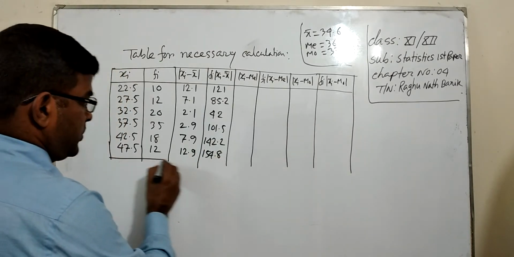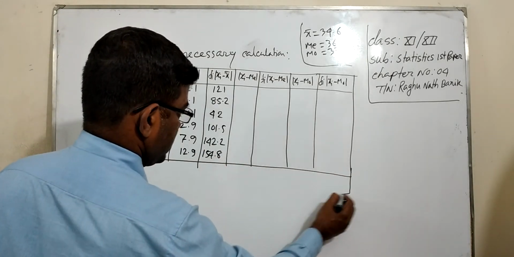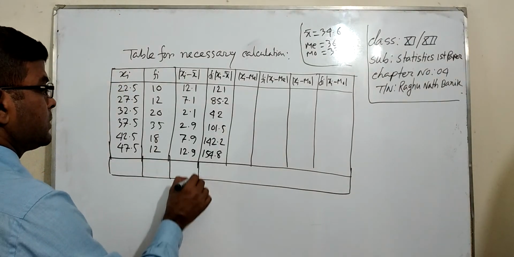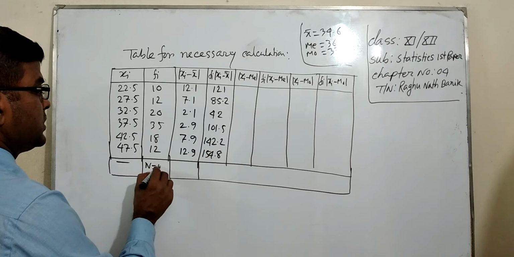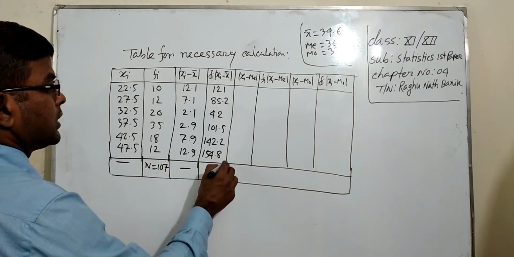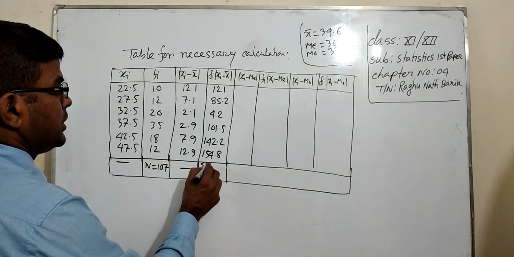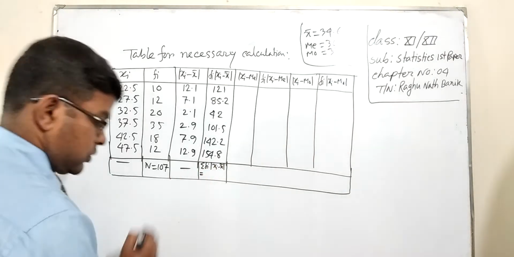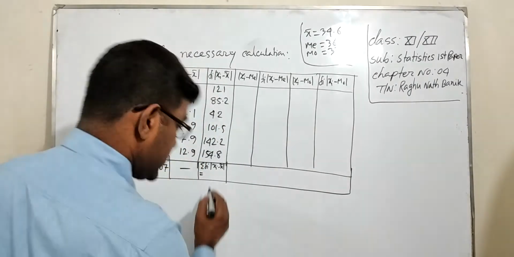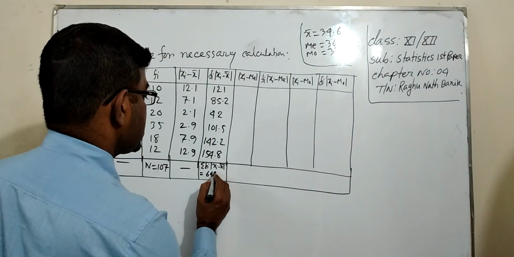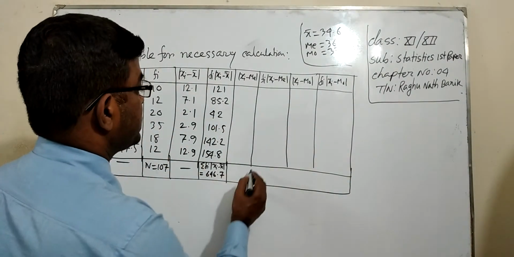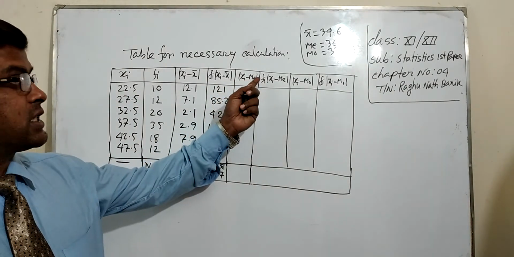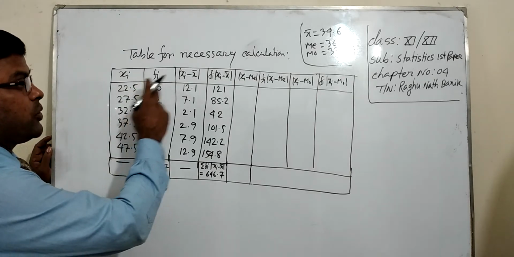The sum total: n equal to 107 and summation Fi modulus Xi minus x bar equal to 646.7.